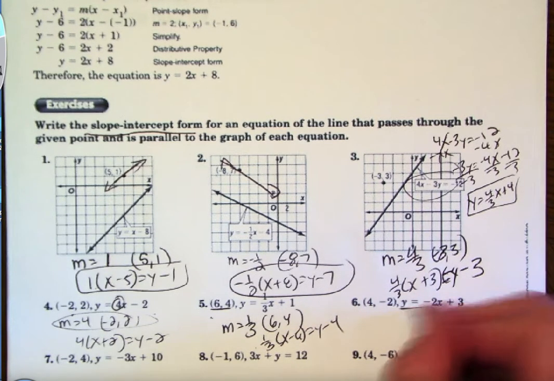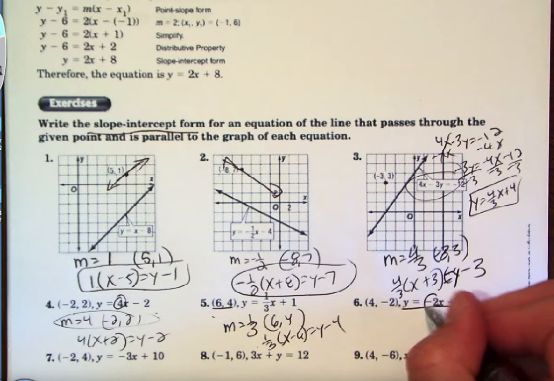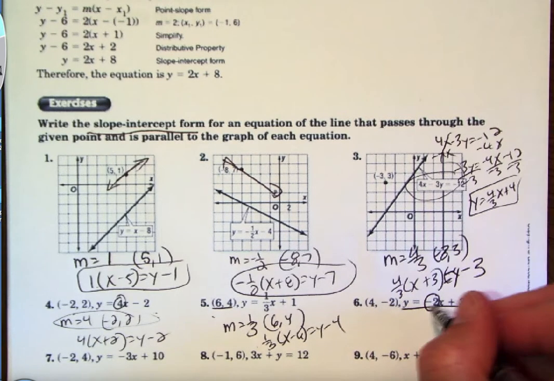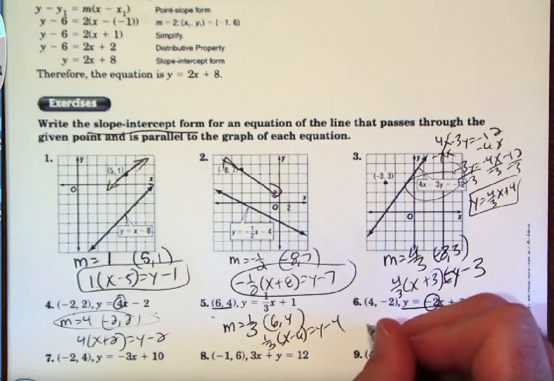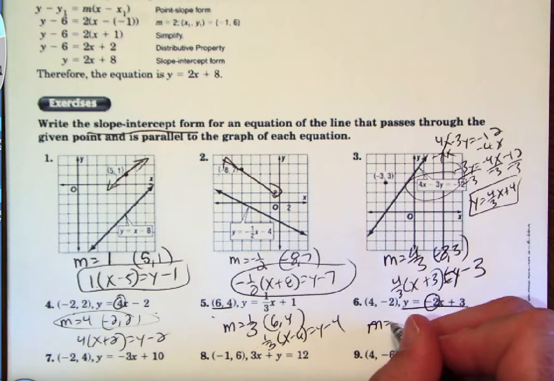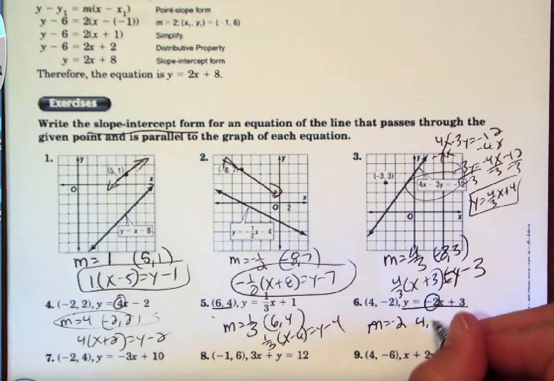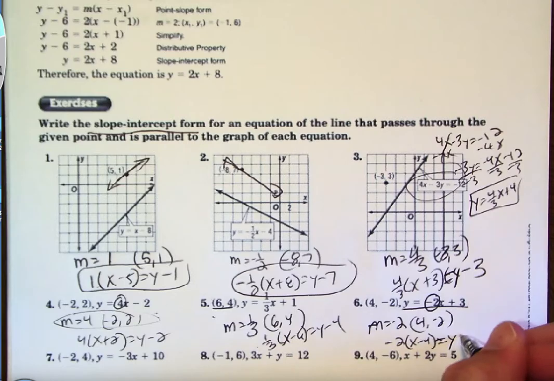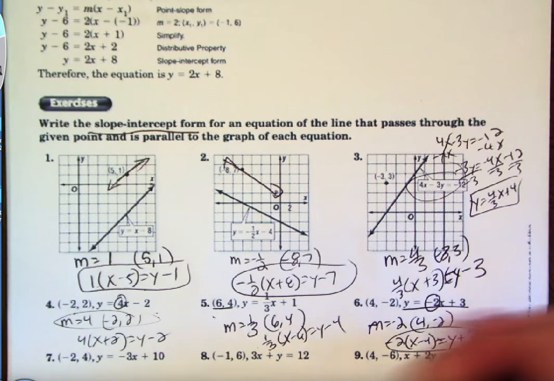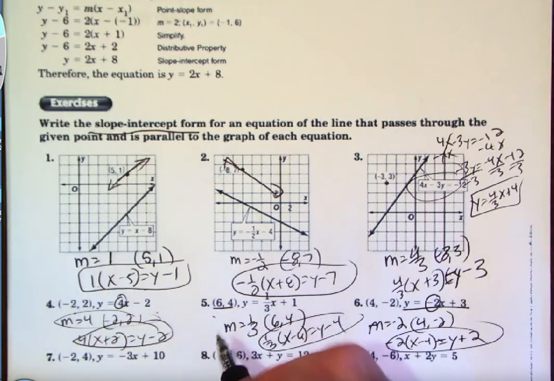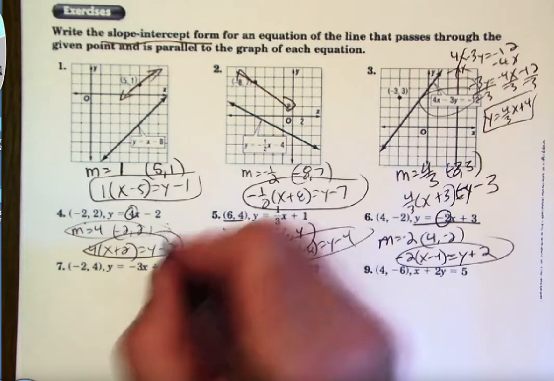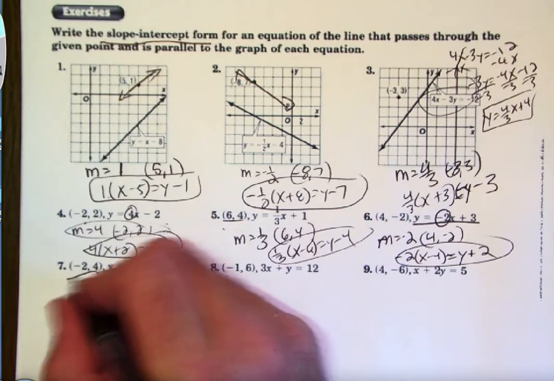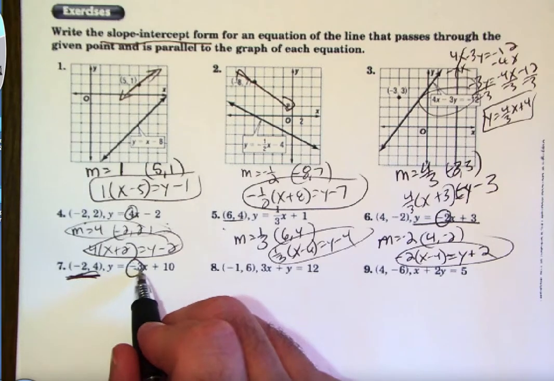Okay, again, this is in y equals mx plus b, so it's fair to say that this is our slope, the coefficient of x. Alright, our slope is -2, and our new line goes through this point with the same slope. Boom. Okay, here we know our slope. The new line has the same slope as this with this point.